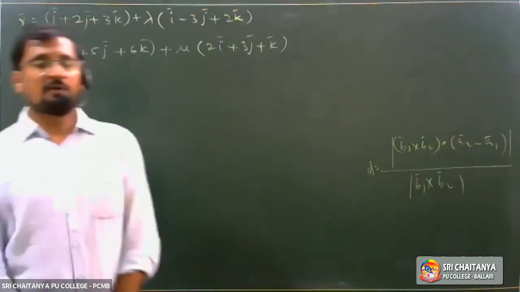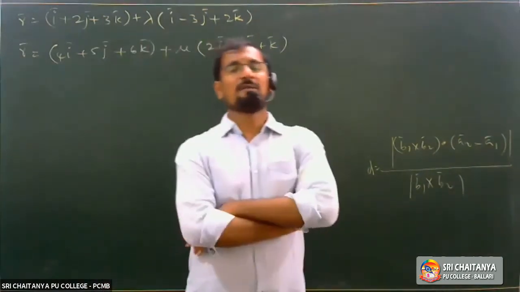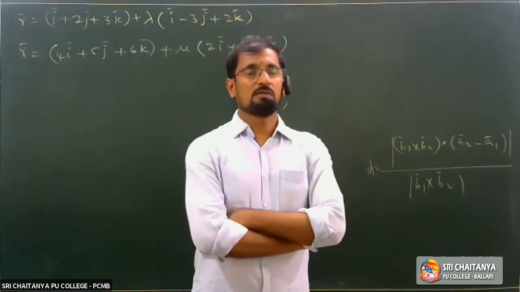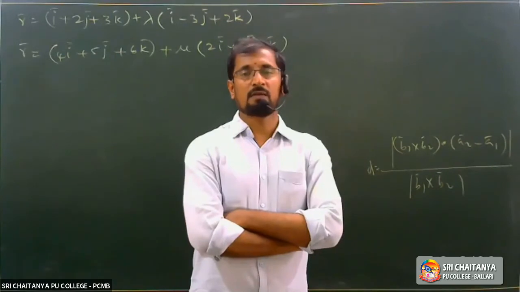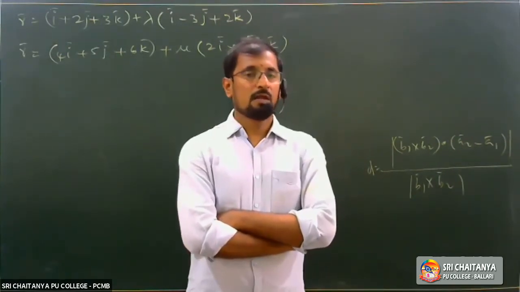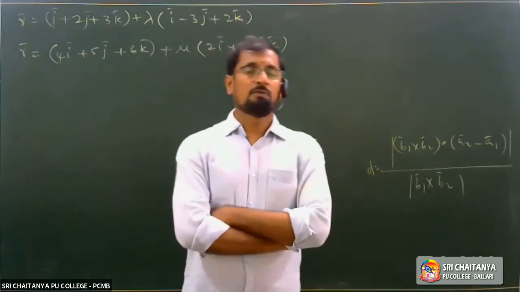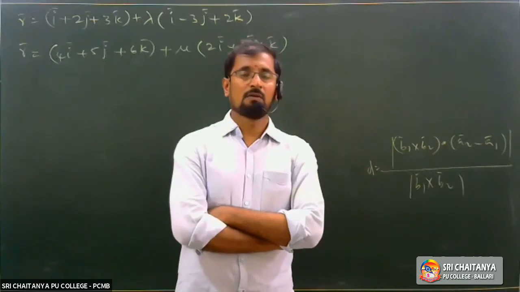So, first of all, before starting the problem itself, you should have an idea of the formula. In the formula, you need to find A2 minus A1, B1 cross B2, and also the magnitude. Okay.